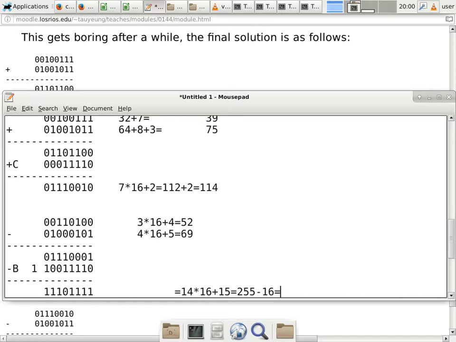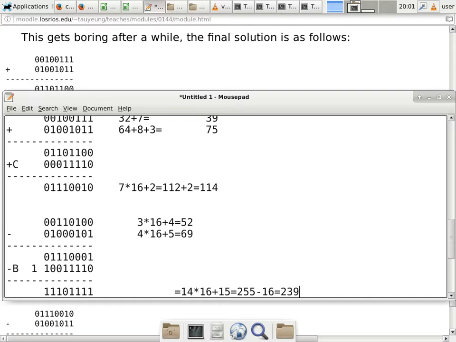My arithmetic really sucks. I think it's 239. Is that right? Yes. Okay, so it's 239. So it doesn't seem to make any sense at all. How can we have 52 minus 69 being 239?